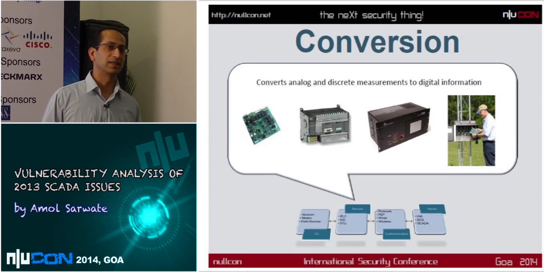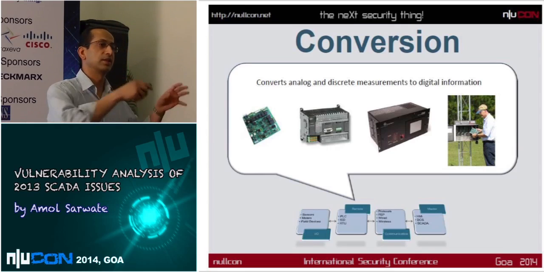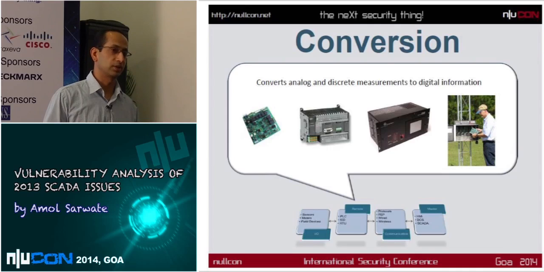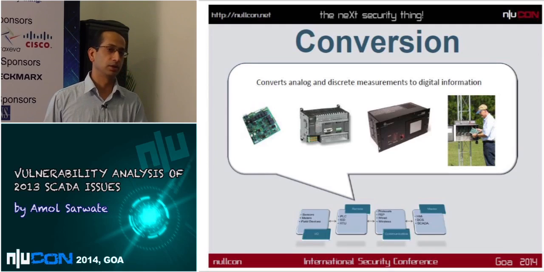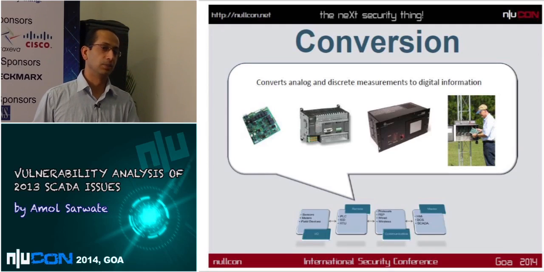Take the example of a dam. How do you open the floodgates of a dam? There is no mechanical control. Someone in the central monitoring system just presses a button and lowers the gate. Or how does the person know how much water is in a particular section of a dam or a reservoir? It's because there are pressure sensors mounted in the reservoir.